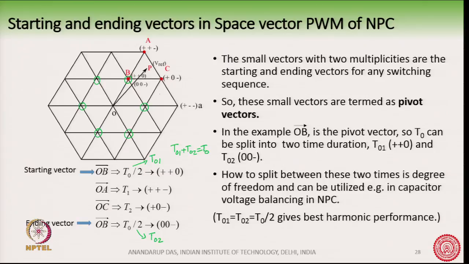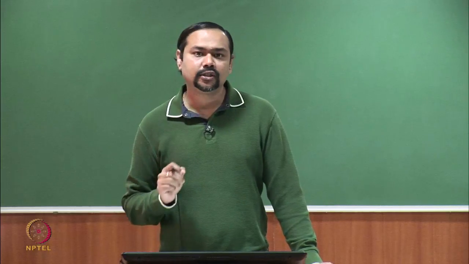Later, when we do the capacitor voltage balancing or the neutral point voltage balancing of NPC, we will utilize this degree of freedom. We will see that manipulating the total zero vector time T0 into T01 and T02 and making them unequal can help us balance the midpoint voltage of NPC.